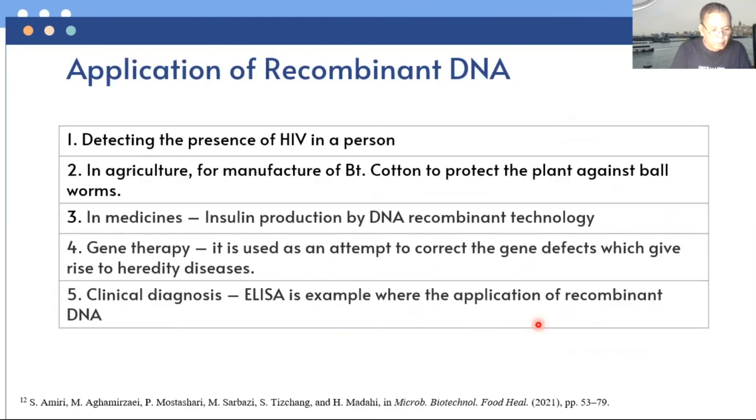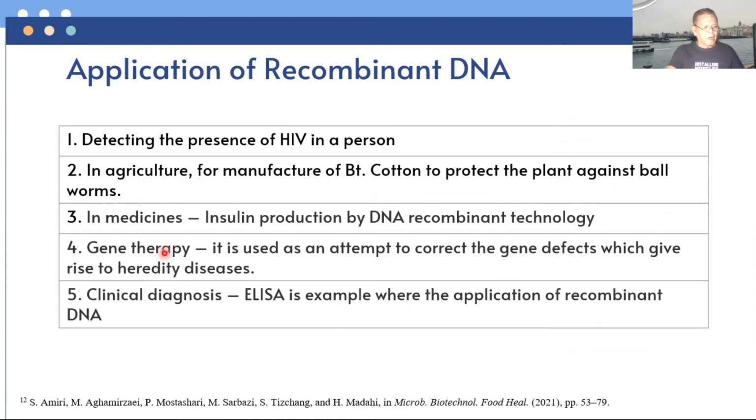Now let's see the applications of recombinant DNA. The first one, detecting the presence of HIV in a person. Second, in agriculture, for manufacture of Bt cotton to protect the plant against bollworm.